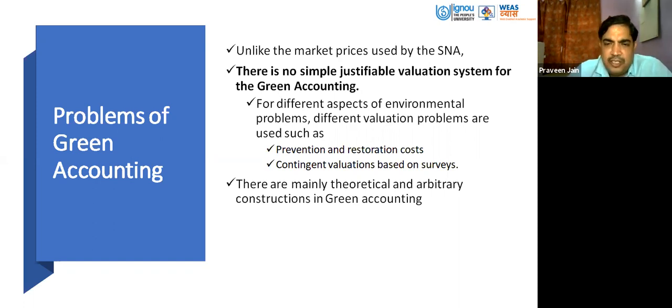This valuation is very difficult. If the valuation is wrong, of course the accounting system will be wrong, and the inclusion in the national account will be wrong. This is a major problem: we do not have a proper valuation method for our green resources, ecosystem services or environmental things.